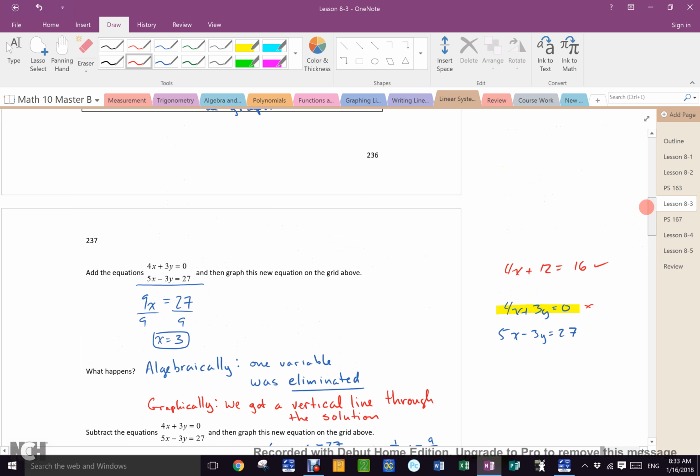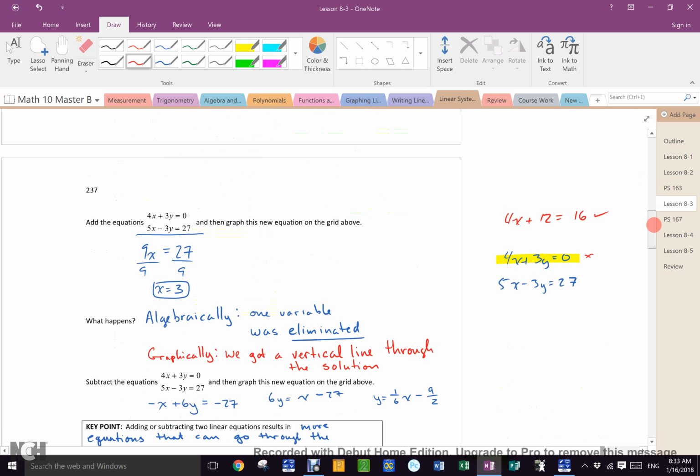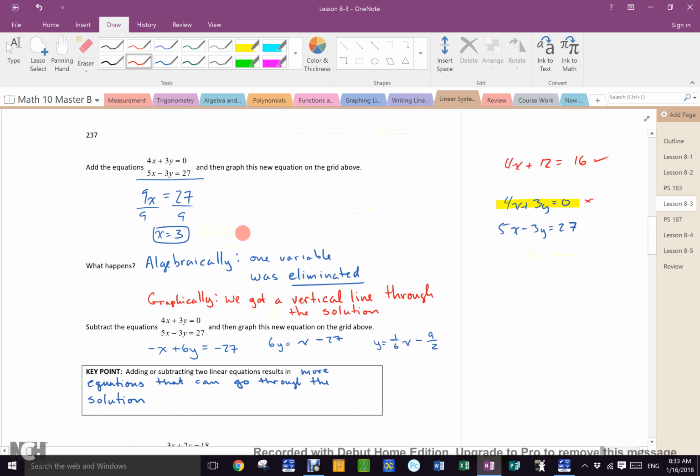There's the multiplying. Did I lose a variable? Nope. When I added them, did I lose a variable? I did, didn't I? And when I subtracted them, did I lose a variable? No. So only this step did any good for us, right? Because a variable was eliminated.